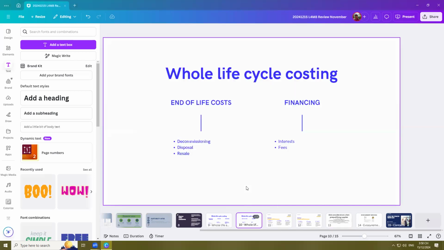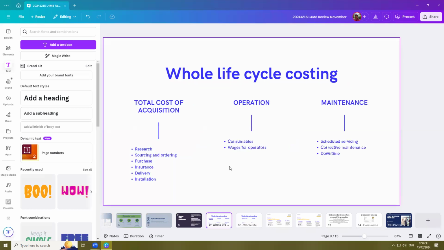Oh, yeah. There's nothing as cannibalization. We have the decommissioning, disposal, or resale. That is the cost regarding the end of life. And if you are talking about question number three, then you need to write five costs other than the purchase price when it comes to the whole life or total cost of ownership, and you can list any of five costs from this list.